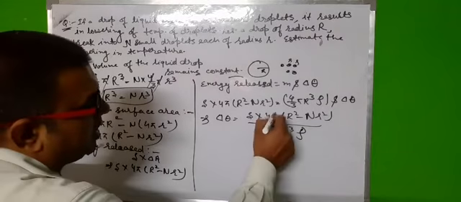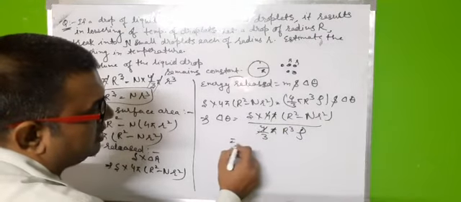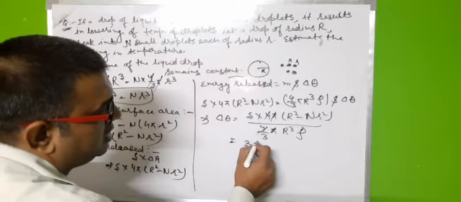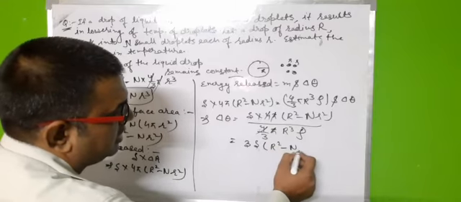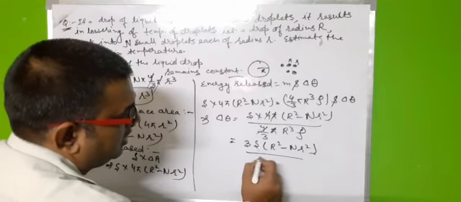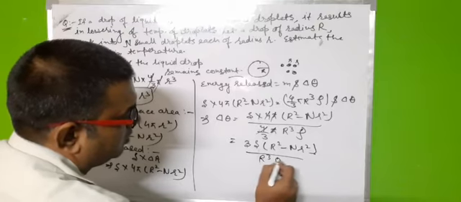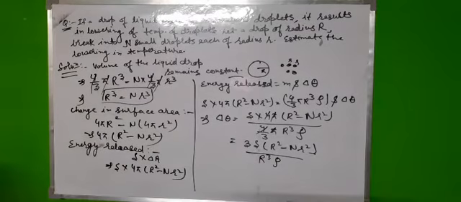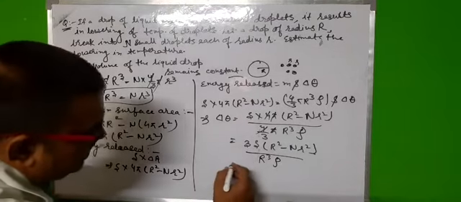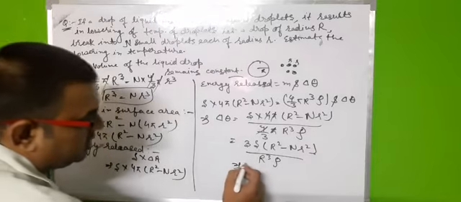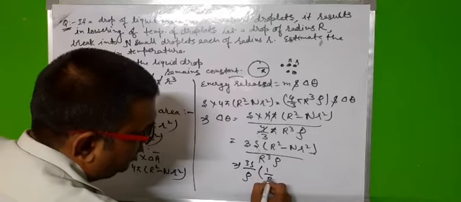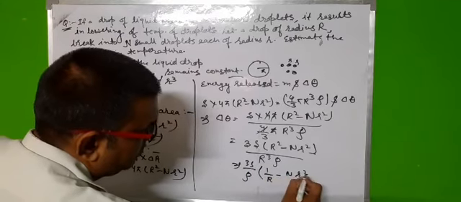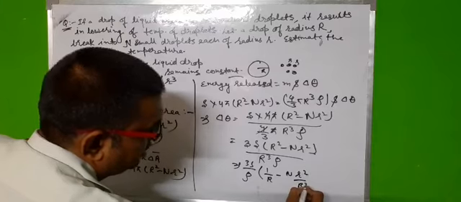Now pi to pi cancel, 4 to 4 cancel, and it is equal to 3S into R square minus n r square upon R cube into rho. So 3S upon rho is multiplied by 1 upon r minus n r square upon R cube.